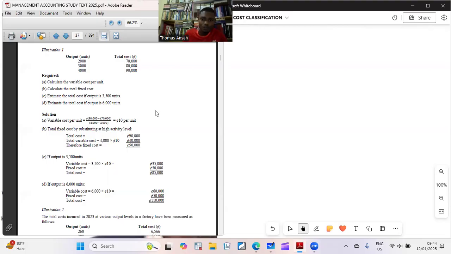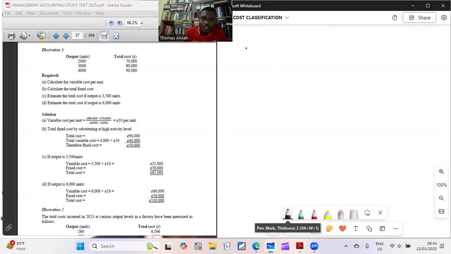We said that step 1, we should find what the highest level of activity and the lowest level of activity are, with their various associated costs. So this one, which one is the highest level? I think this is the highest level, and this one is the lowest level. So I have ascertained that.